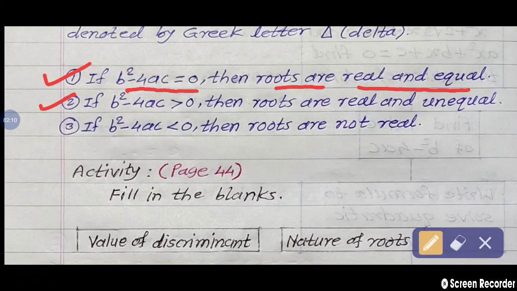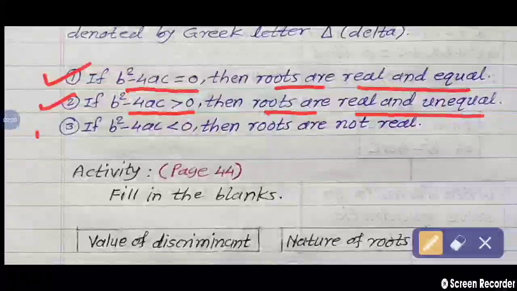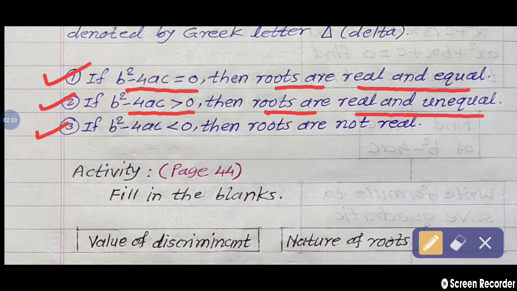Second one, if the value of discriminant or delta, that is b square minus 4ac, is greater than 0, greater than 0 means positive value, then roots are real and unequal. And the third type is if b square minus 4ac is less than 0, less than 0 means we are getting a negative value, then roots are not real.